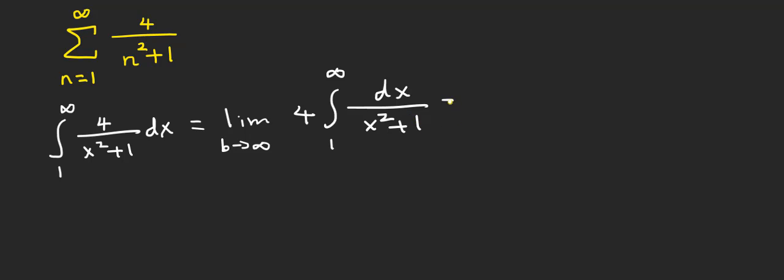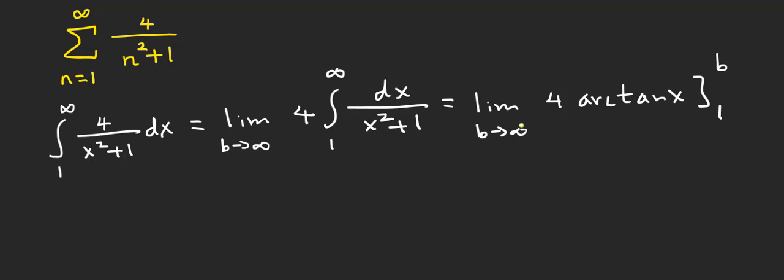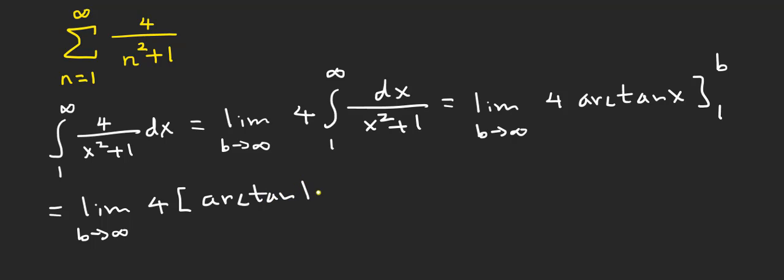So you get the limit as b goes to infinity of arctangent of x from 1 to b. And you get the limit as b goes to infinity of 4 times quantity arctangent of b minus arctangent of 1.